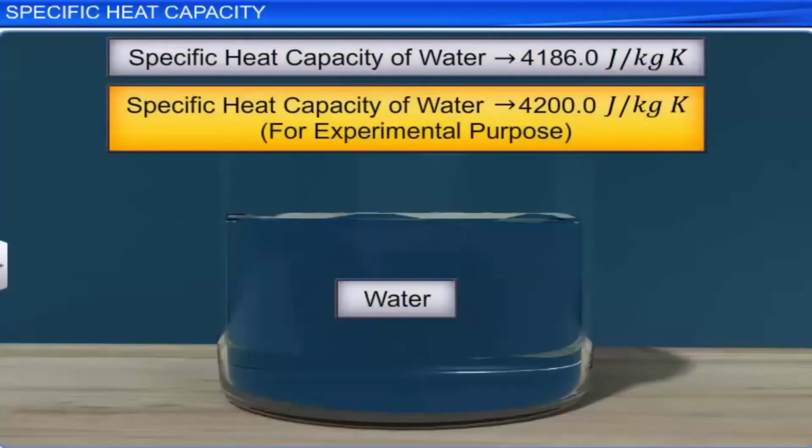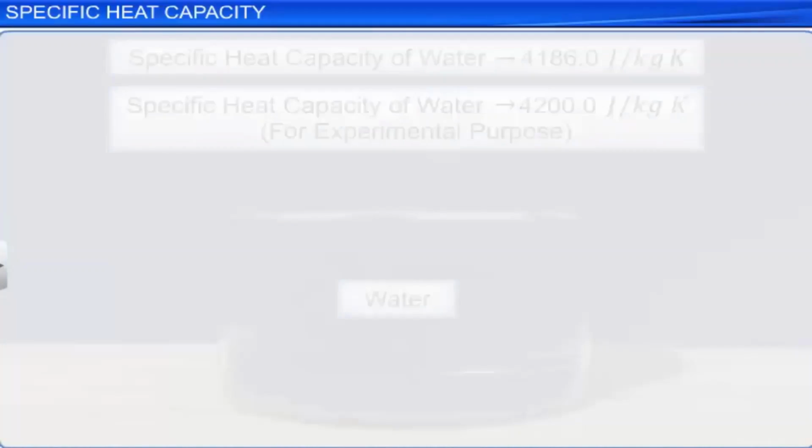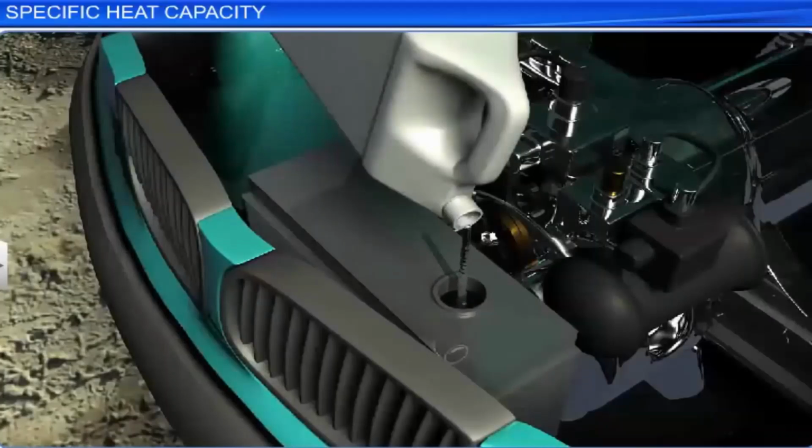For practical purposes, we can take the value to be 4200 joules per kilogram Kelvin. Water is used as a coolant in automobile radiators because of its very high specific heat capacity.